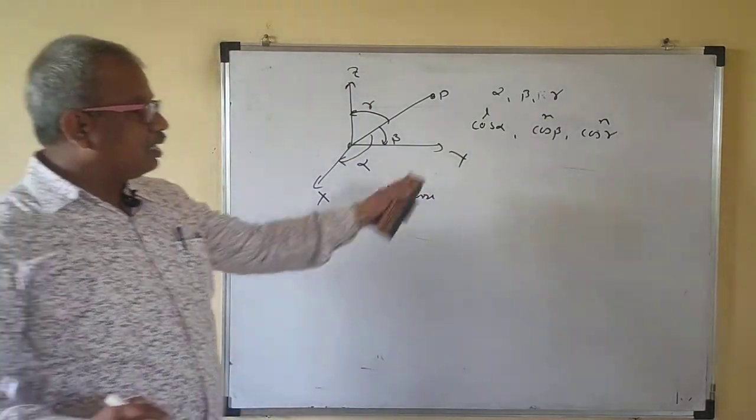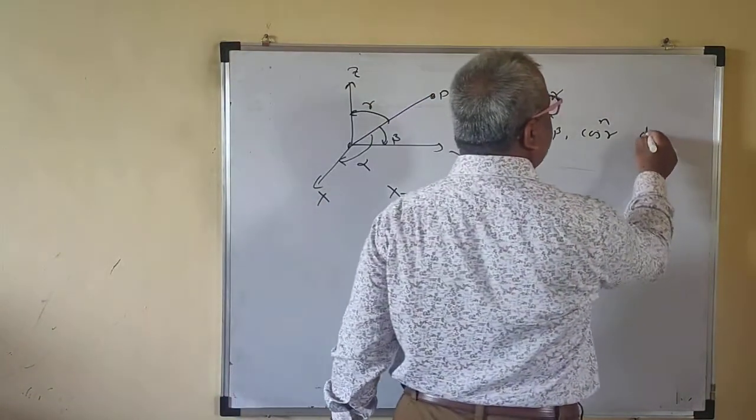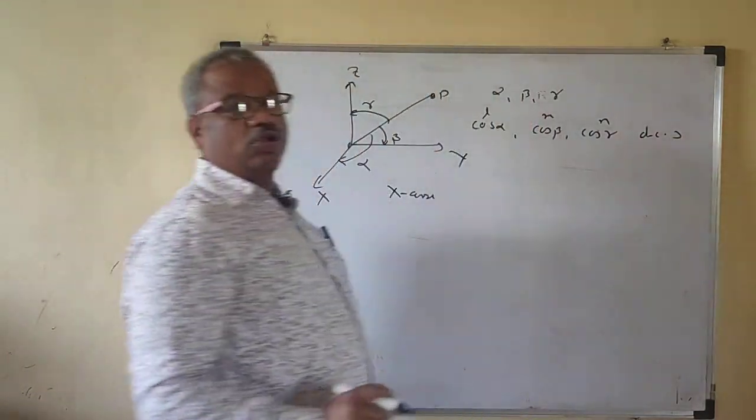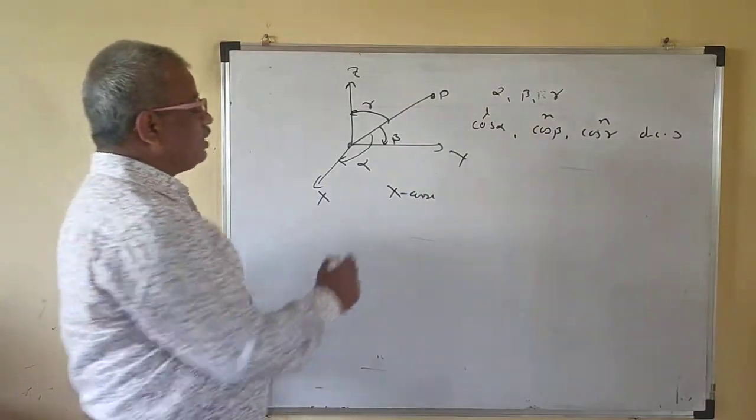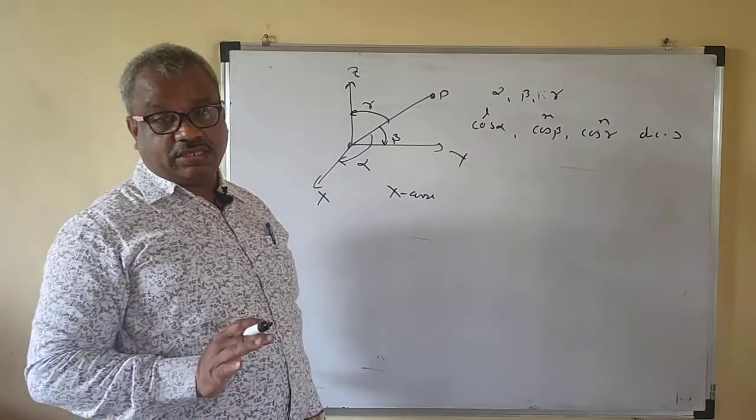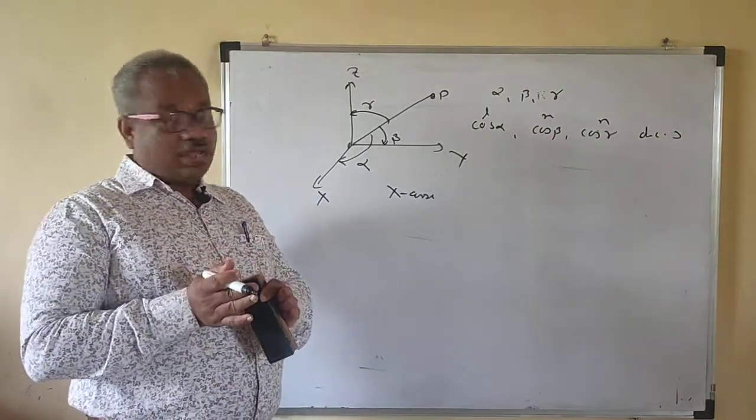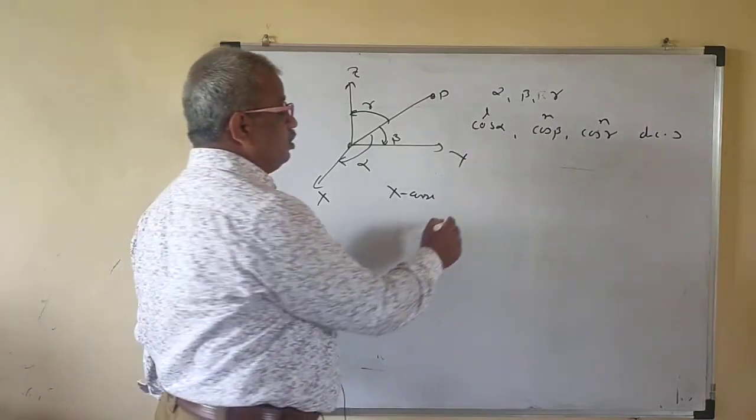Okay, so these are the direction cosines. They are denoted by DCS. For the x axis, what are the directed angles? The angle made by the x axis with the x axis is 0.